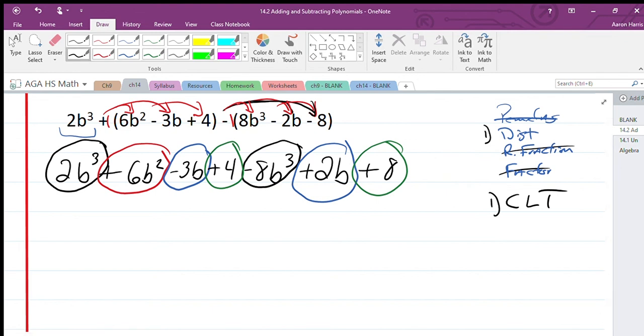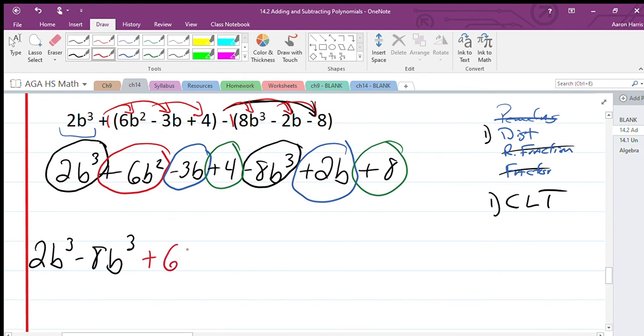Here we go. 2b cubed goes with negative 8b cubed. The positive 6b squared was all alone. Negative 3b plus 2b goes together. And then a positive 4 and a positive 8. Okay?